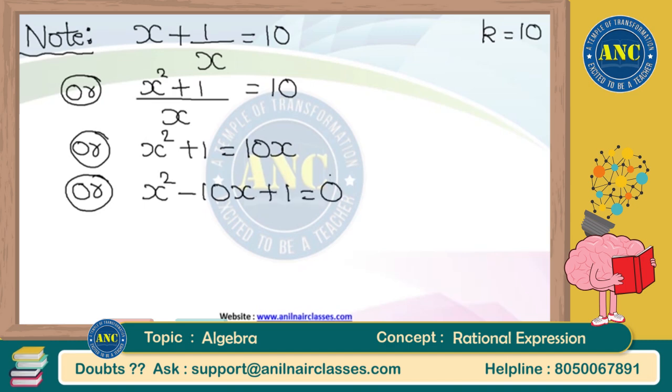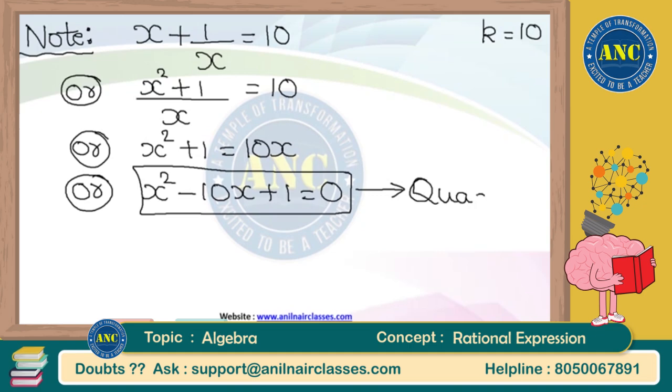That means, can I say that this particular thing, whatever I am putting in a box right now, is nothing but a quadratic equation, because the degree of this equation is 2.